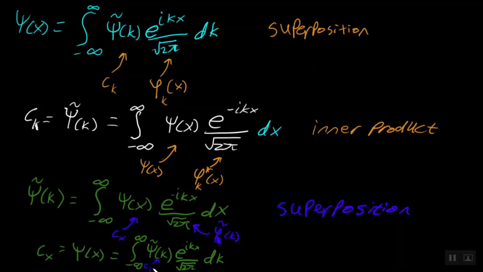This is our c sub k, and this is our psi tilde of k. That's exactly what we want it to be. And this is our phi tilde of x star. Okay, I know this is a lot of symbols, but this is our wave function in k space with a definite position complex conjugate, right? And so this is an inner product.